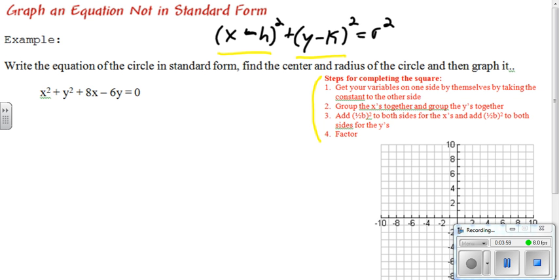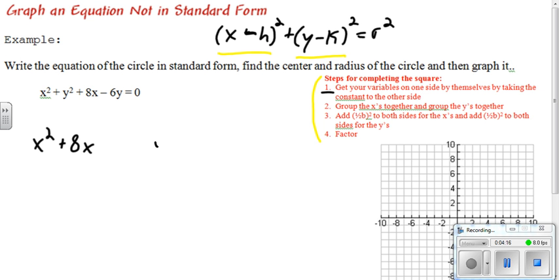So we're done with step 1, which was just get the constants on the other side, get the variables on the left side. Now we just group the x's together and group the y's together. So we'll say x squared plus 8x is one piece.